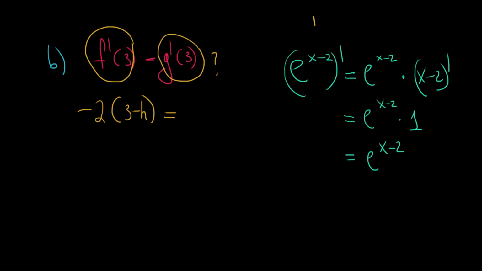Now when we want to find g derivative of 3, we substitute 3 into this x, which gives e to the power 3 minus 2, which is equal to e. So now I'm going to put e as an answer over there.